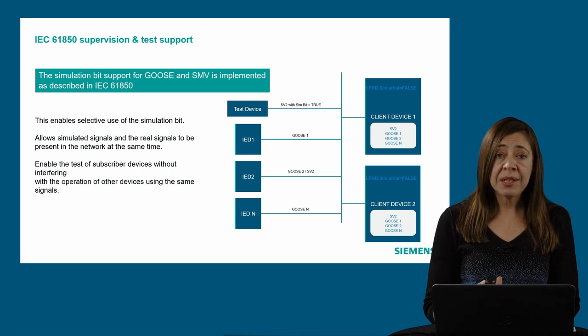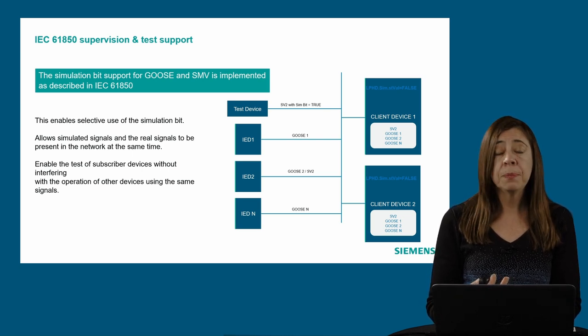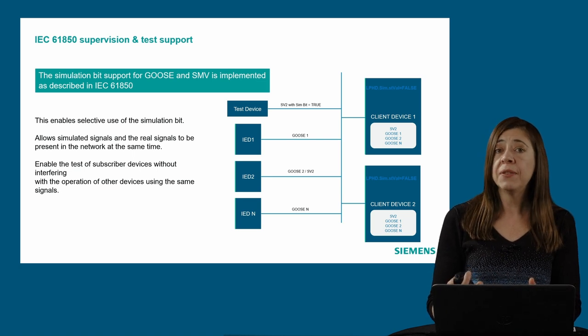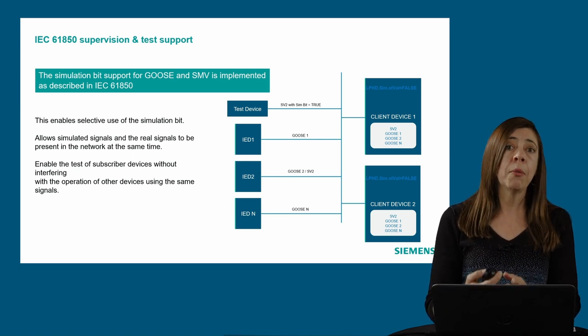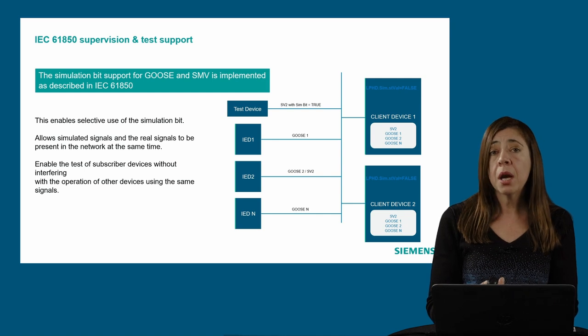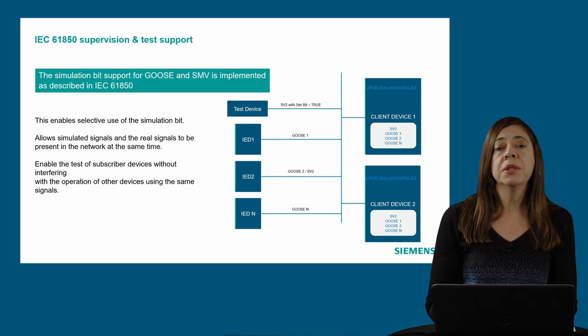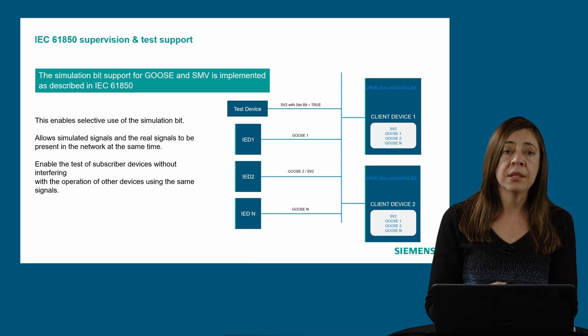The simulation bit is also supported, which is pretty important to allow the test of specific devices in an operative system without disturbing all other devices. The principle is pretty simple.